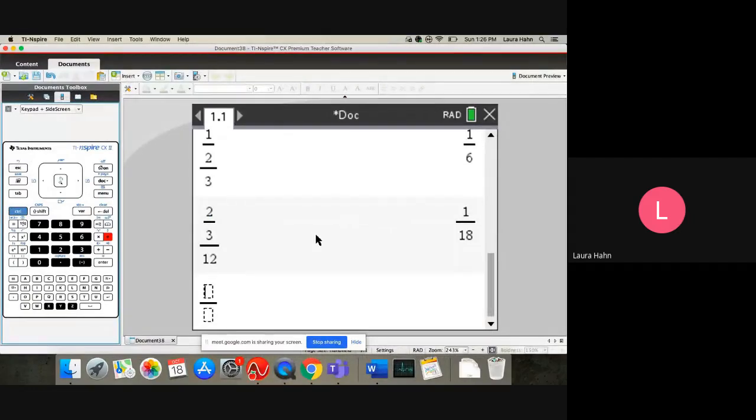Don't type anything yet. Then I have my numerator and my denominator. I have another fraction in the numerator, so make sure you're on the top and press Control Divide again. That gives me spaces to make a fraction in the numerator. Now I can type my numbers in. On the top, I have 15 over 2. On my denominator, I have a 3. So 15 over 2, all divided by 3, is 5 over 2.